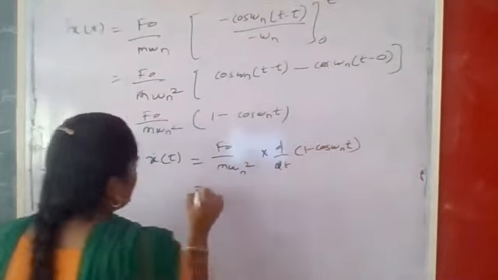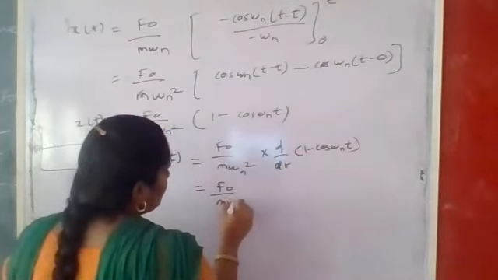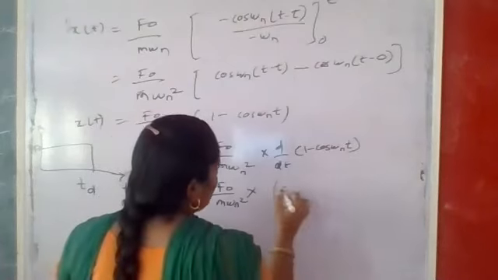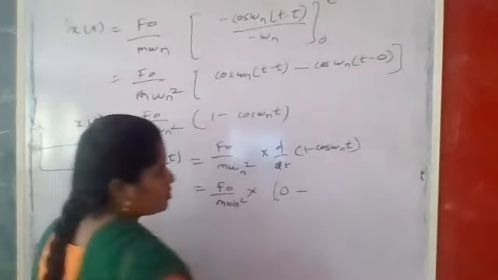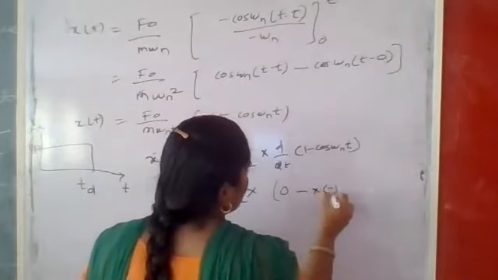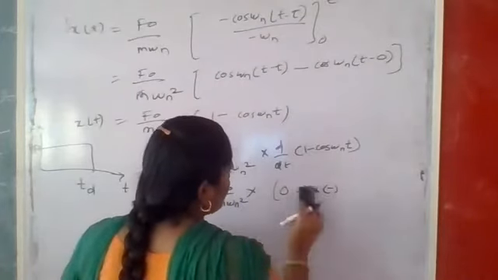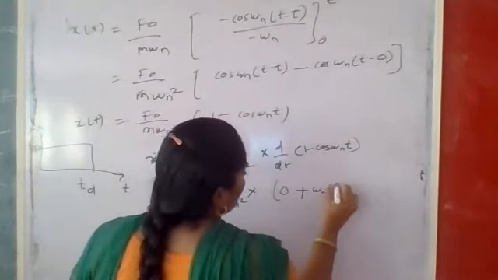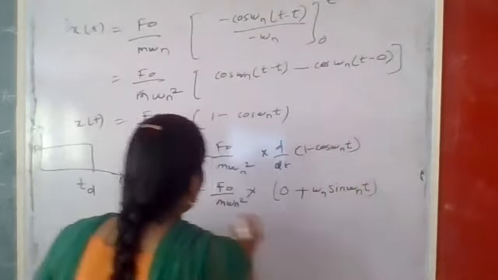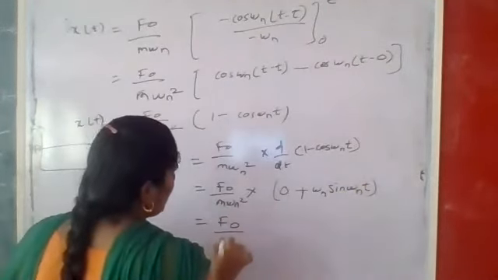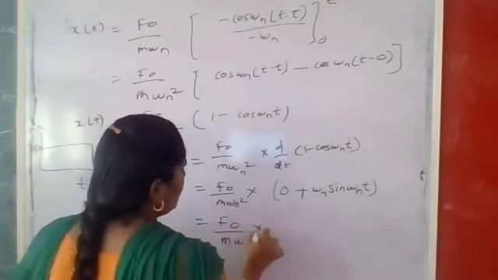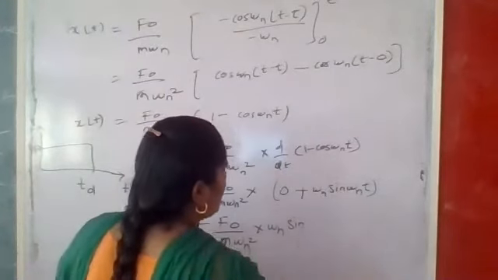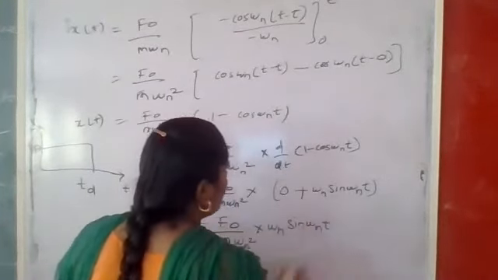So what is the derivative of this? f naught upon m omega n square into the derivative of the constant, which is 0, minus the derivative of cos. The derivative of cos is minus sine, so it becomes plus omega n into sine of omega n t. So the formula becomes 1 upon m omega n square into omega n into sine of omega n t.